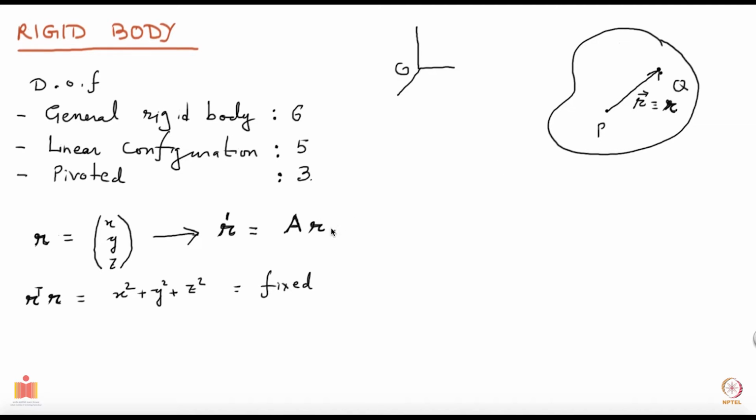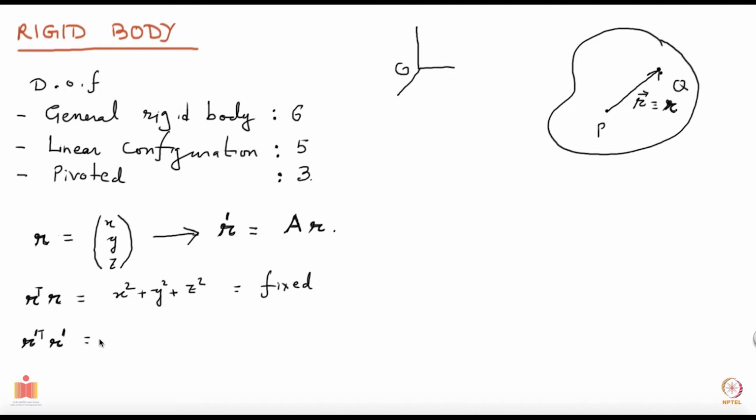But now we are saying this vector R is going to change into AR after some time. Then what is my R prime transpose R prime?